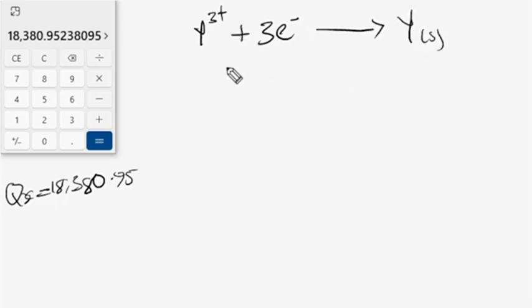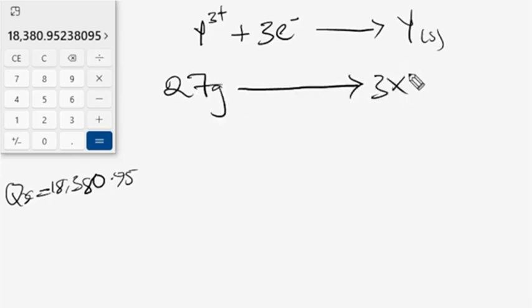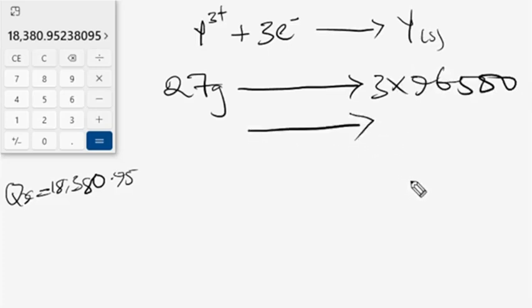So with this expression, we know that the atomic mass of y given to us here is 27. So which means 27 grams of y will actually require 3 times the Faraday's constant. And then since we are told to find the cost for 9 grams, so we are working with 9 grams of y.